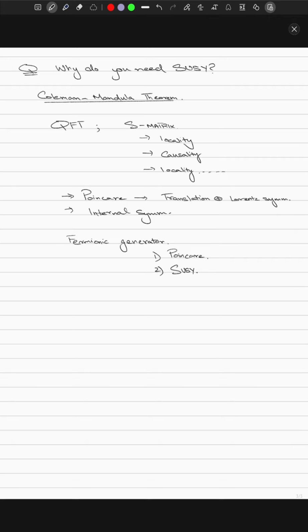Well, there are more reasons, right? And this is one of the main motivations, and you'll also see going forward in this series, or even in this lecture, that the supersymmetric Hamiltonian is also positive, right?